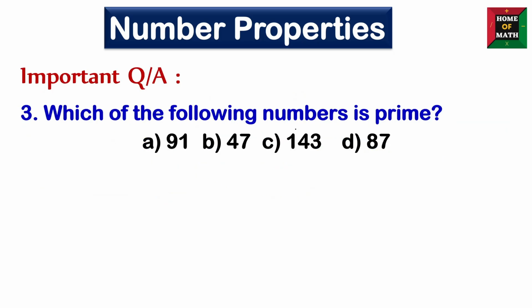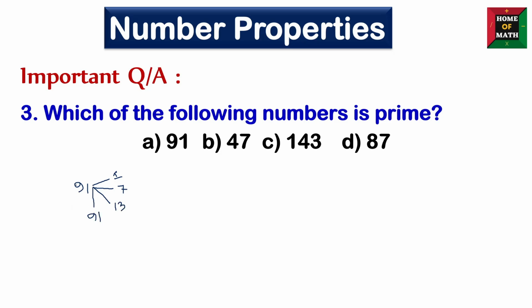Which of the following numbers is prime? So look, 91: we can divide by 1, we can divide by 7, we can divide by 13, and also we can divide by 91.